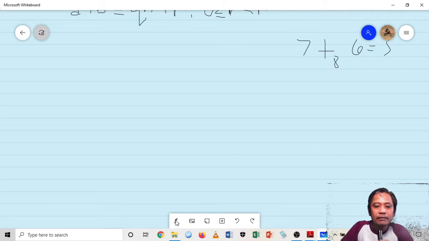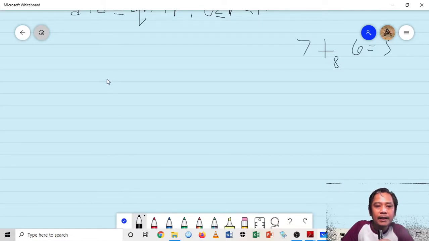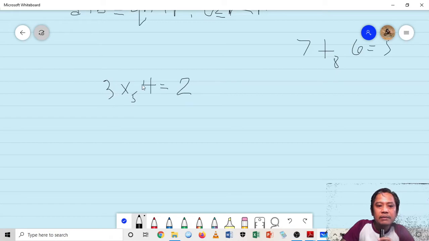So for example, 3 times 4 modulo 5 is 2. Why? Because 3 times 4 in ordinary multiplication is 12. If you divide 12 by 5, the quotient is 2, remainder 2. The remainder is always the answer. So that is why 3 times 4 modulo 5 is 2.